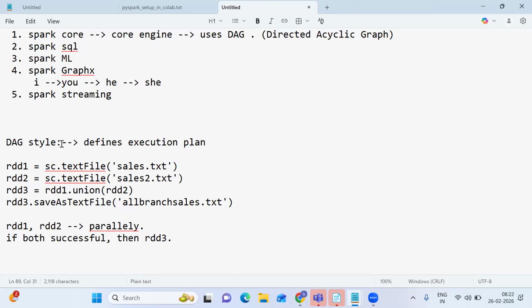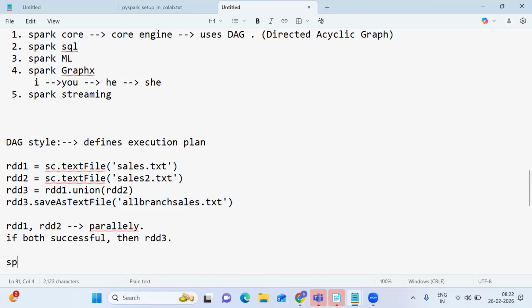If RDD3 is successful, then only it takes action. That action is writing the results into a text file or table or whatever depends on our given code. The RDD full form: Resilient Distributed Datasets. Understand the point?